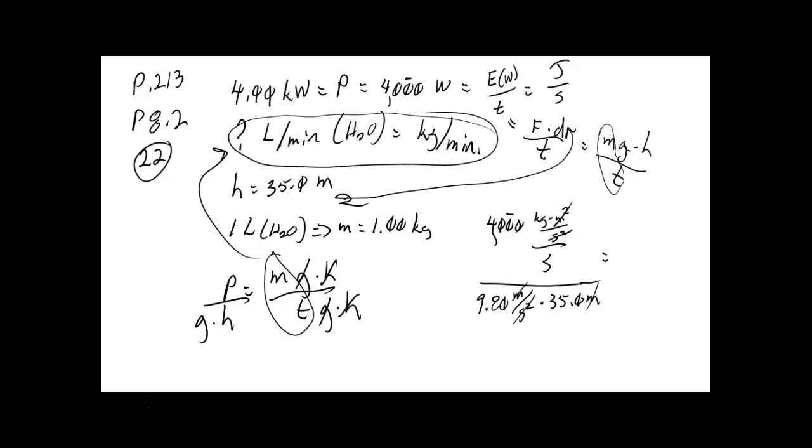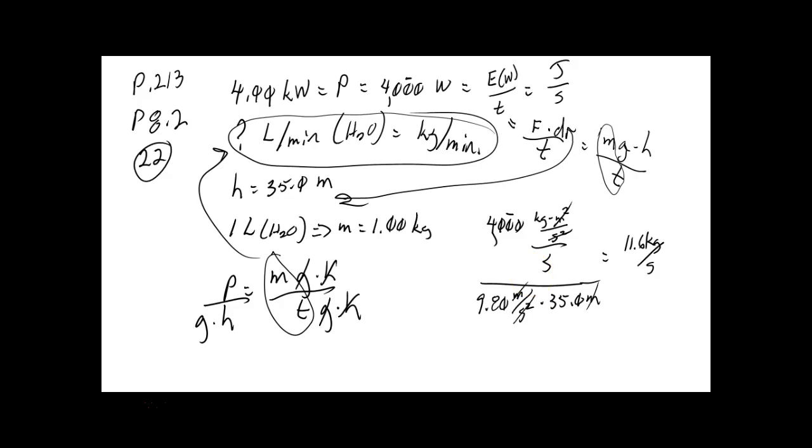Now, 4,000 divided by 35 is going to be close to 100 divided by something close to 10. It's going to be something pretty close to 10 kilograms per second. It was 11.6. So 11.6 kilograms per second. That's what our units came out to.